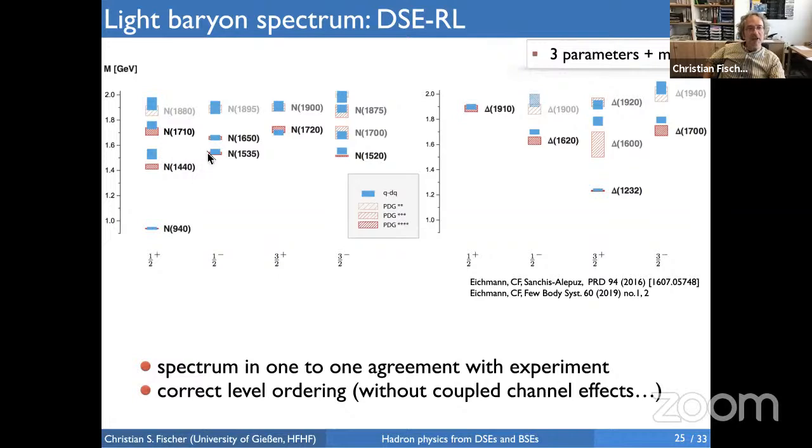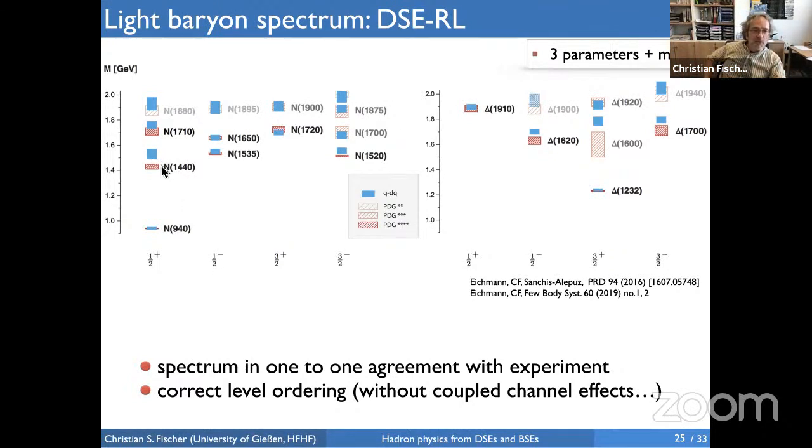And it's interesting that the level ordering between the quark-diquark in the 1/2 plus and 1/2 minus is actually the same as experiment. So our first radial excitation in the 1/2 plus is lower than the ground state in the 1/2 minus. So the functional framework does something right, which the quark model does wrong.